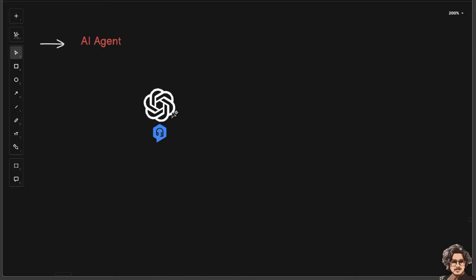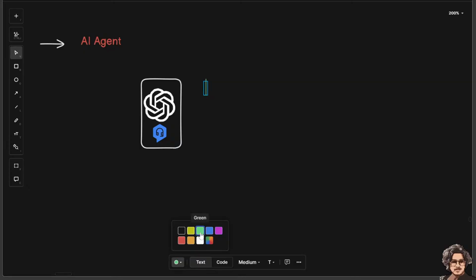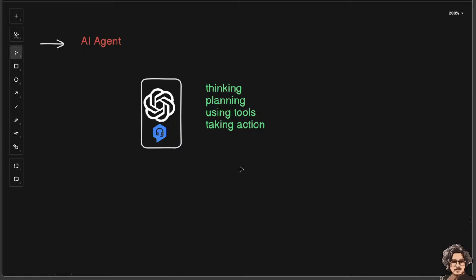Okay. An AI agent is a system capable of thinking, planning, using tools, and taking action. So these are the features of AI agents.